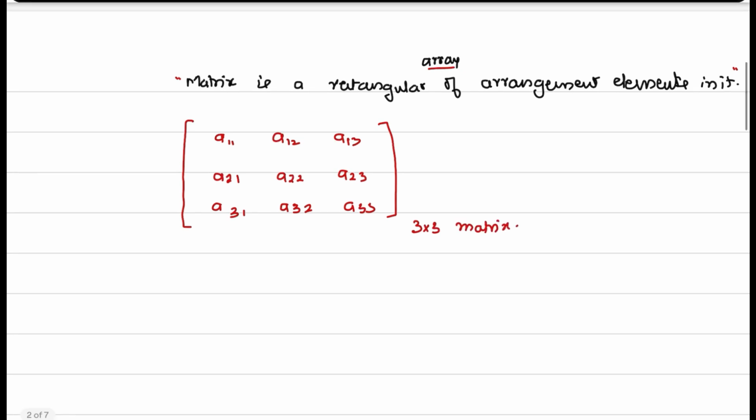and in this 3 by 3 matrix, what is the first 3? First 3 is number of rows, row number, and second 3 is column number. For example, A11, if something starts with A1 it means it is the first row, A11, A12, A13, this is first row.